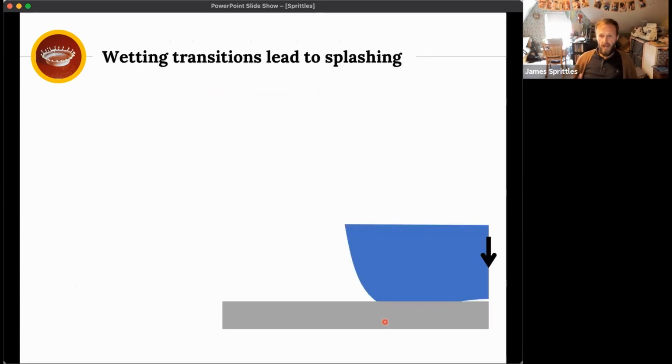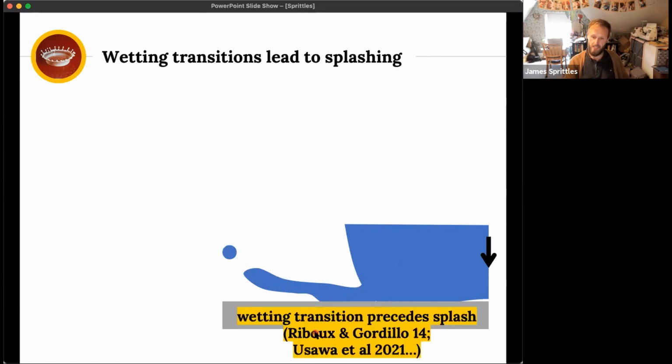Okay, so let's talk about why wetting is important for splashing. Essentially, the picture we have is that at certain speeds, a lamella is driven out. And the question is, if this is going too fast, it can no longer displace the gas. It takes off from the surface and generates a splash. This is the idea in the model developed by Rabiu and Gordillo, the most advanced model of splashing.